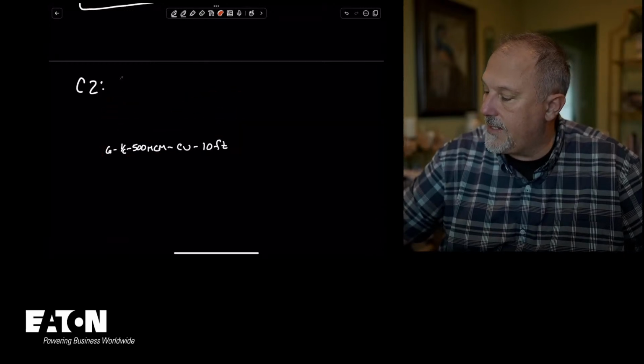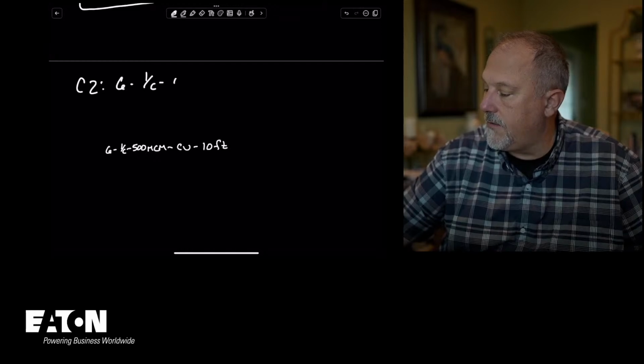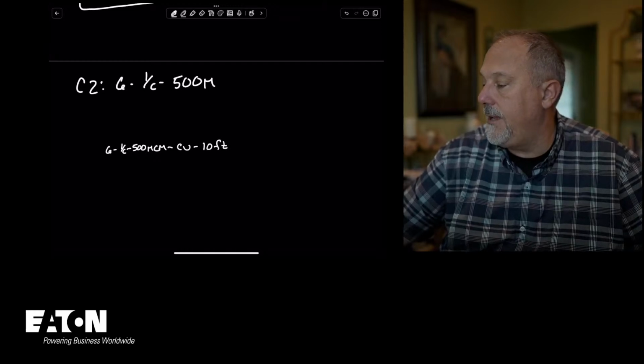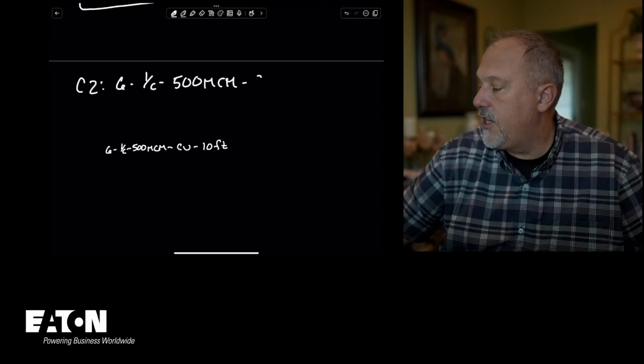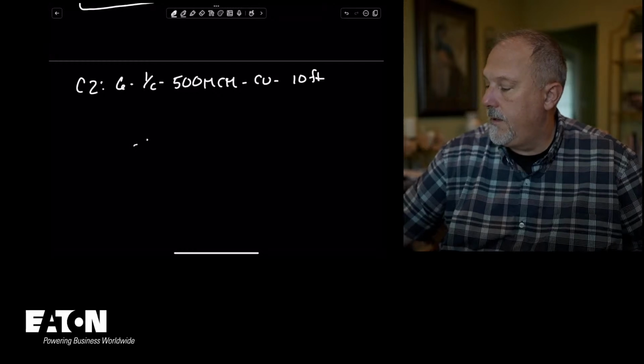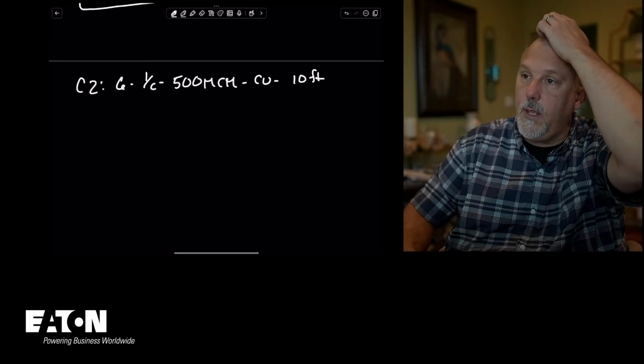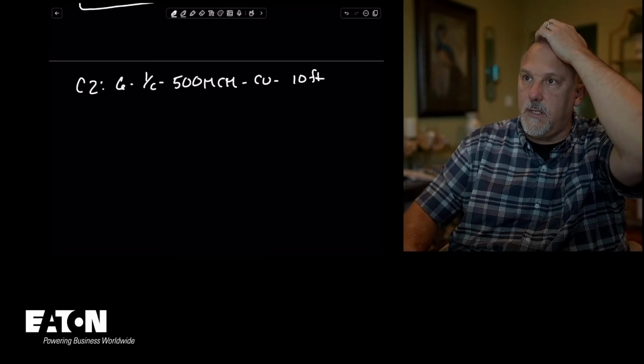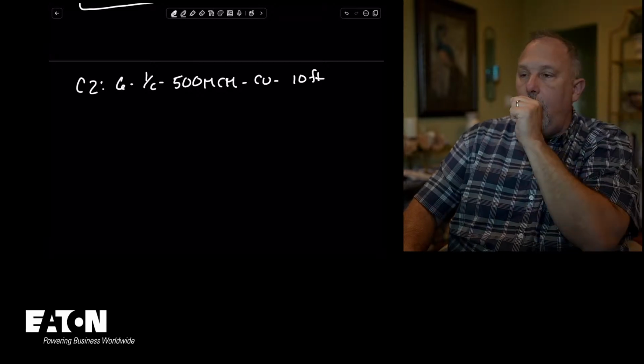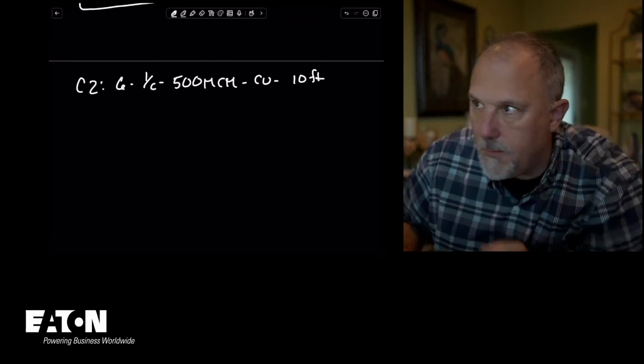So here we had 6 single conductor 500 MCM copper at 10 foot. We know what the impedance is. Let's go back to the impedance.